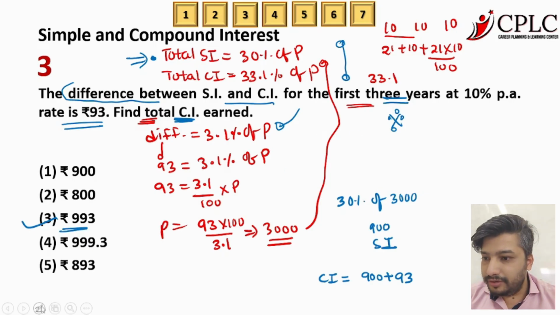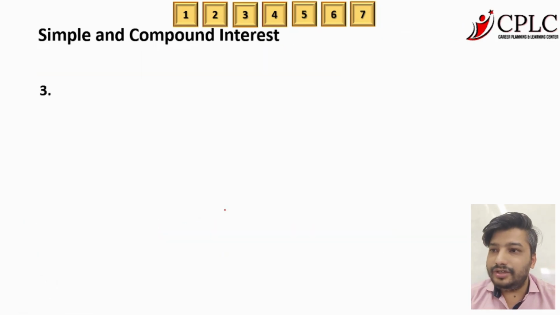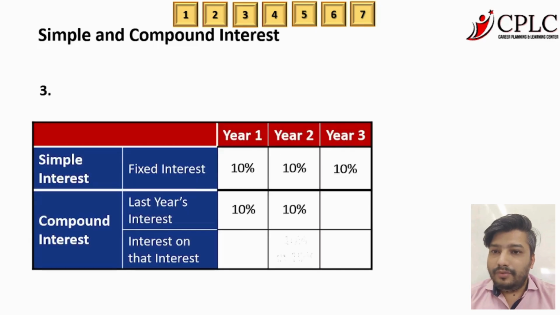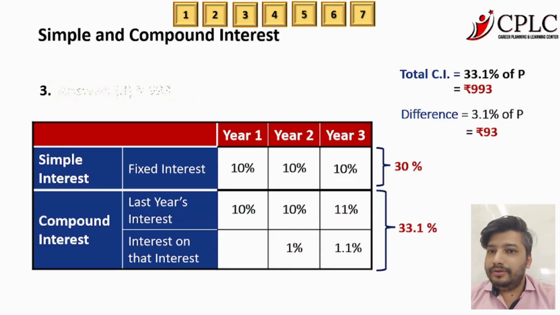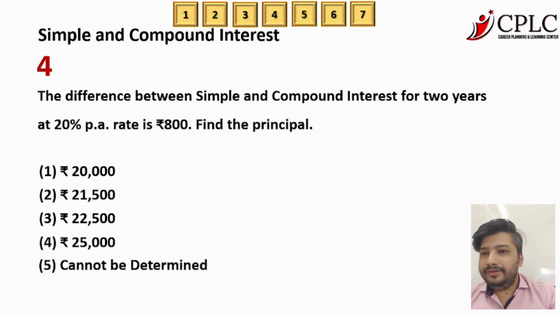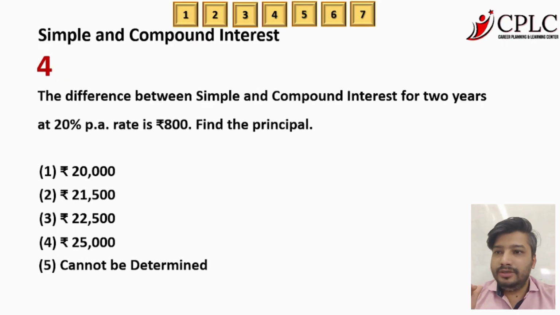Now moving on to the next one, that is question number 4. What do we have here in question number 4, which says the difference between SI and CI for the 2 years is 800 and 20% per annum rate of interest. Find the principal. A lot of people use the formula difference is equal to R% of P, because R is given, difference is given, P we can find out.